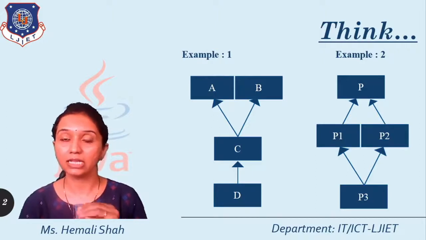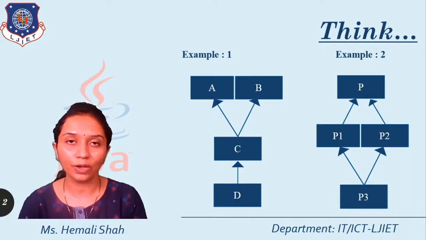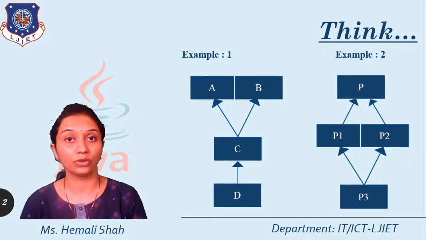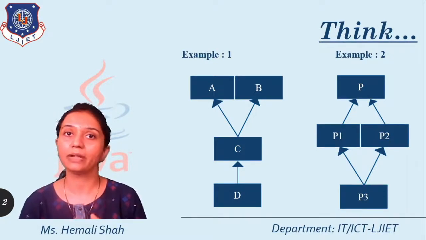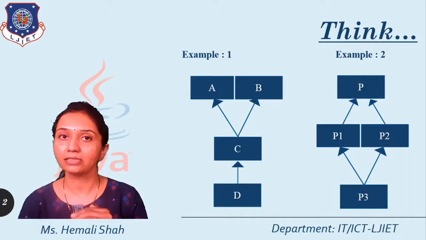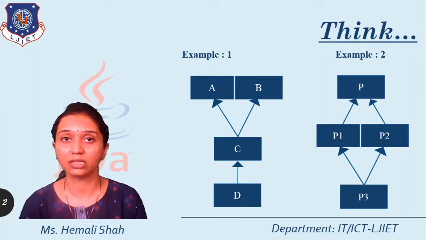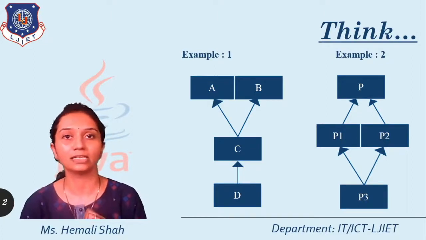This P3 is derived from P1 and P2. So here there are more than one parents of P3. So this is the multiple inheritance. Now in the single figure of example 2, you have the hierarchical inheritance as well as multiple inheritance present. So this is the example of hybrid inheritance.